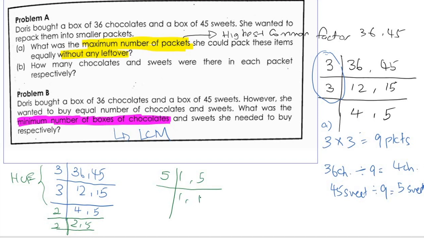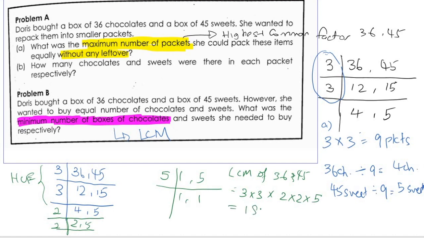So in this case, what is the lowest common multiple of 36 and 45? It will be 3 times 3 times 2 times 2 times 5.